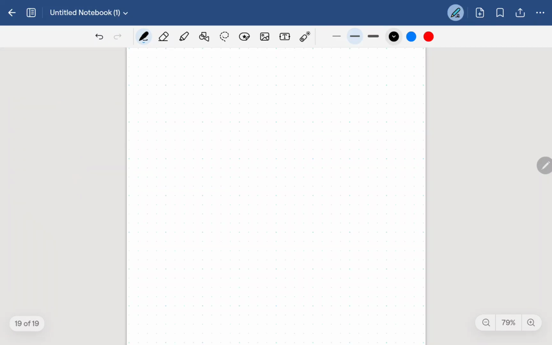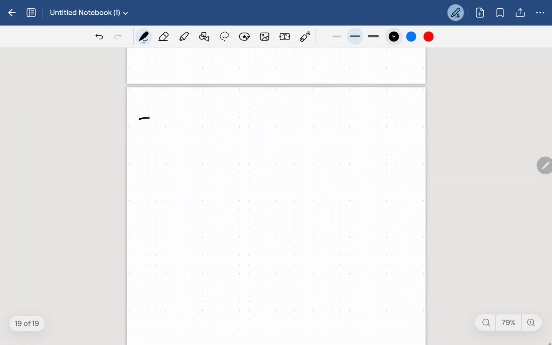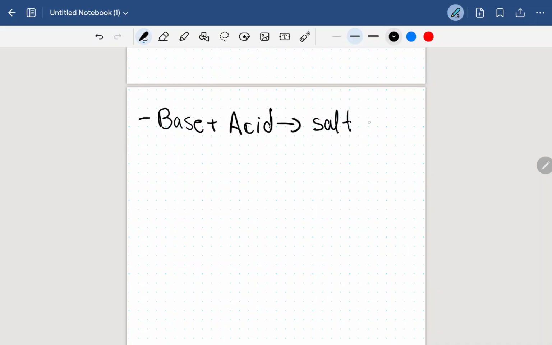Now let's go on to our next one, which is acid and base. Base plus acid. By the way, this reaction has a name. It will form a salt and water. First of all, this is called a neutralization reaction.